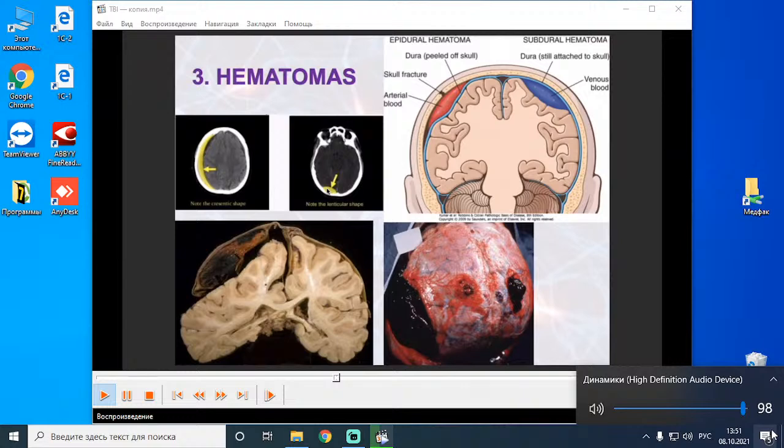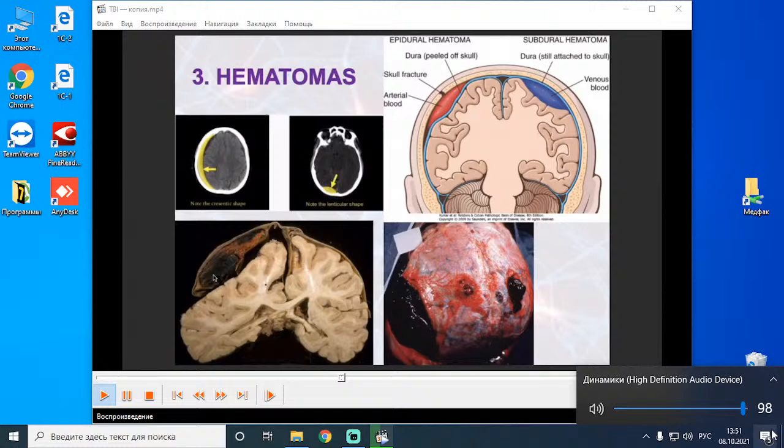Extradural hematoma, here is subdural hematoma. And here you can see cadavers, or in actual life how it looks. Here you can see subdural.